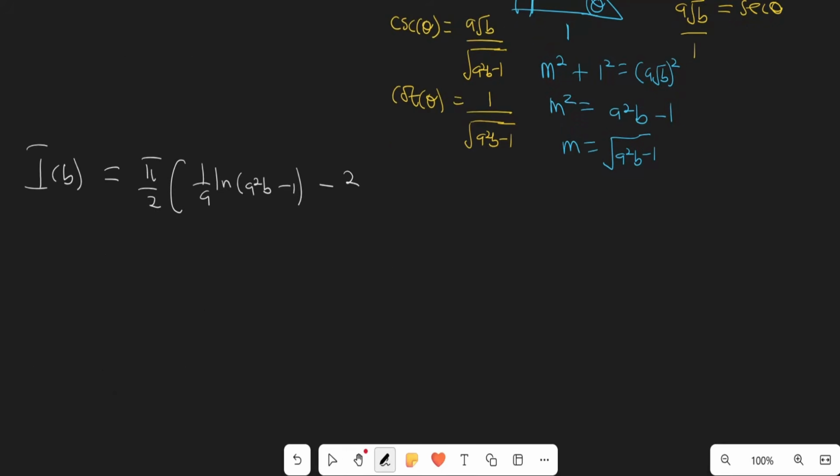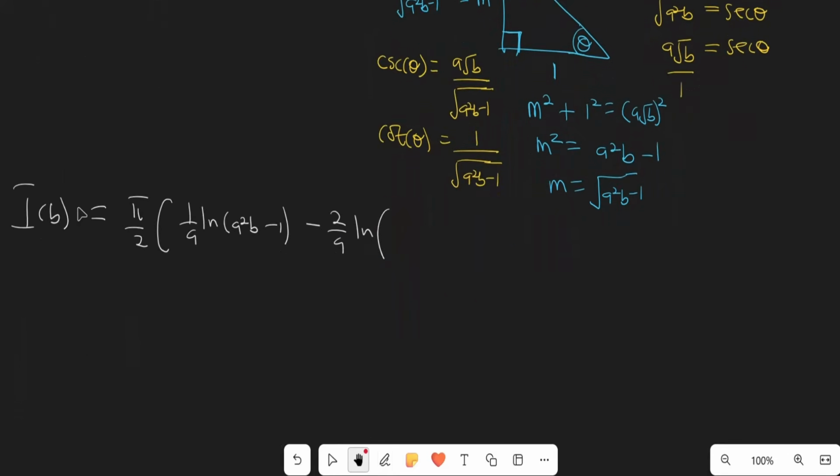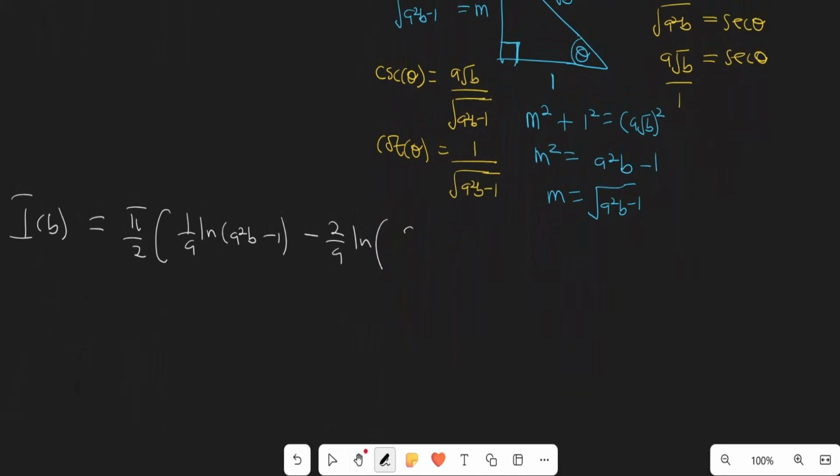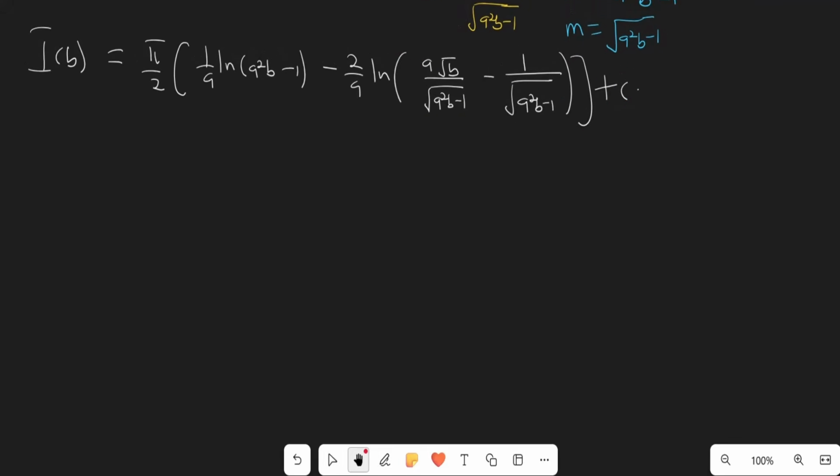Minus 2 over a, and then the ln of cosecant of theta minus cotangent of theta. Cosecant of theta is the square root of b all over the square root of a squared b minus 1, minus the cotangent of theta, which is 1 all over the square root of a squared b minus 1, plus the constant of integration.